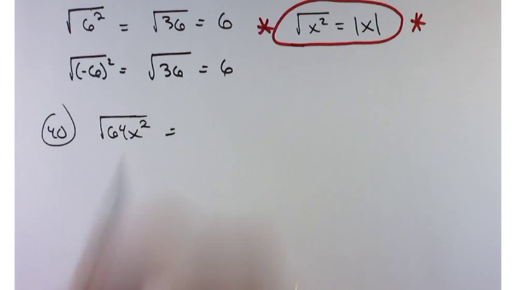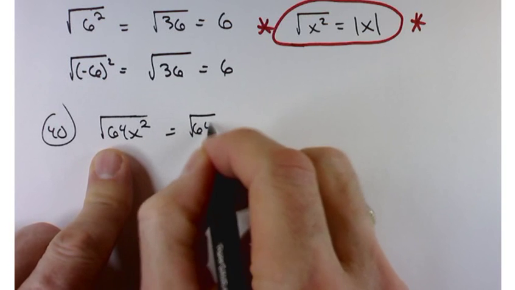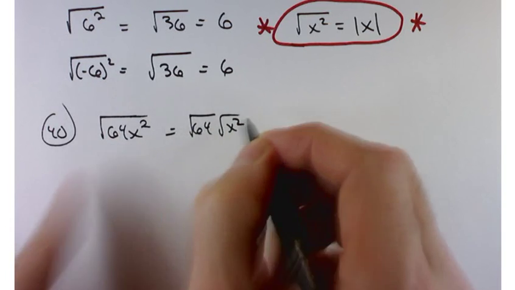Now, I said this earlier. You can break up square roots if you have multiplication or division. You can't do it for addition or subtraction. But with multiplication, I can break this up as the square root of 64 times the square root of x squared.